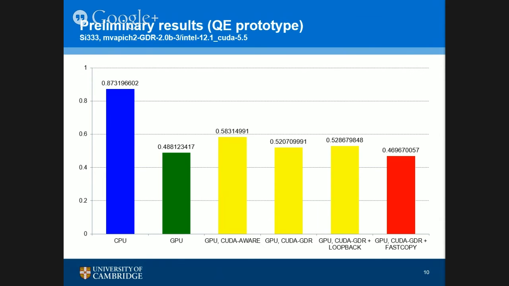We have just 200 non-converged electronic bands in the first page. So there is a CPU implementation with 4 MPI. The GPU implementation basically copies back, calls the MPI, or copies out to the GPU, and then I start to try to enable some of the features.